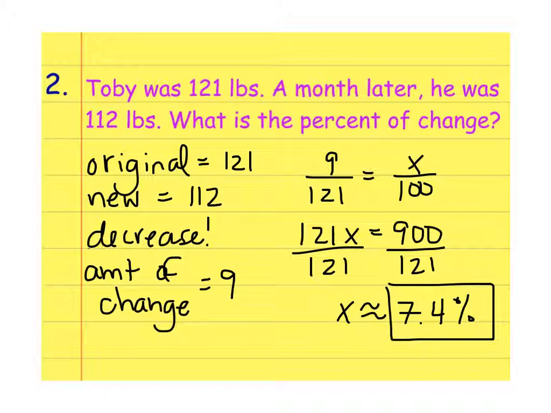You had to round it off, so notice the squiggly equals, or bacon equals, approximately 7.4%. And again, that's a decrease, down 7.4%. You might actually even say that that's a negative, let me get the pen tool, negative 7.4% change because it goes down.